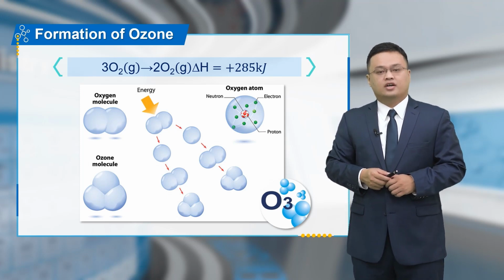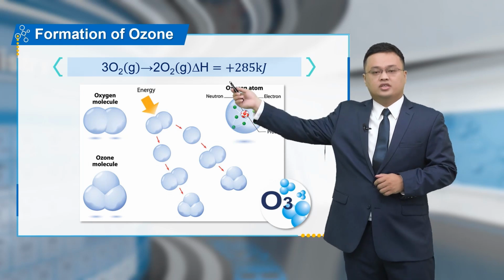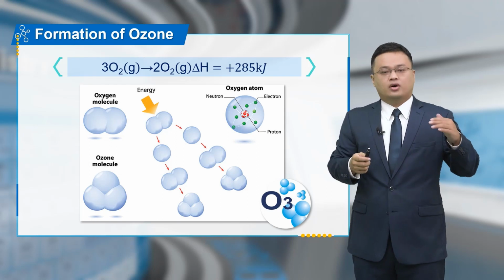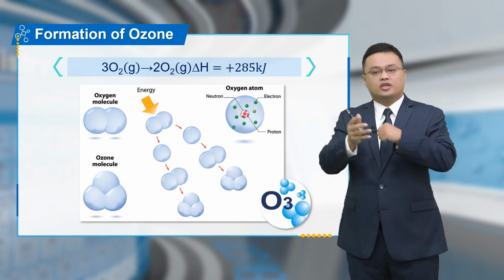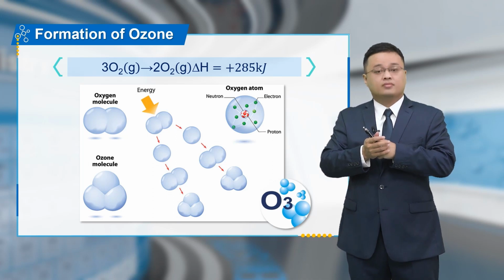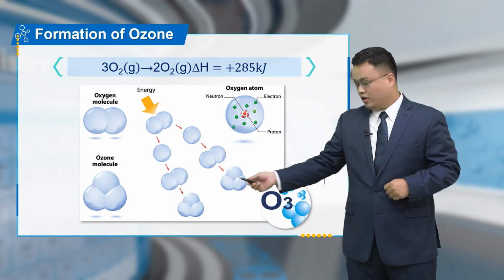The usual method of producing ozone in the lab is to pass electric discharge through oxygen gas. Electrons will offer the energy to the oxygen molecules to separate apart first and then combine with another oxygen molecule to yield the ozone molecules.